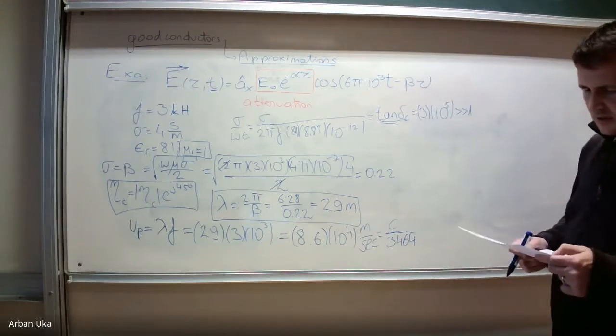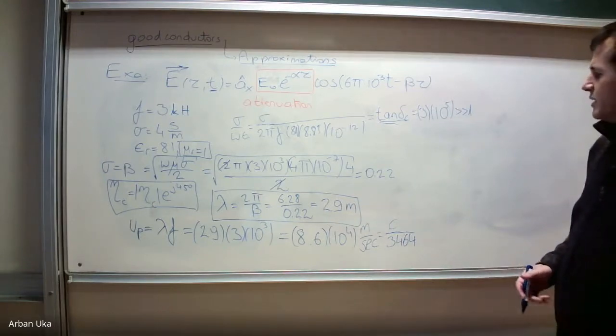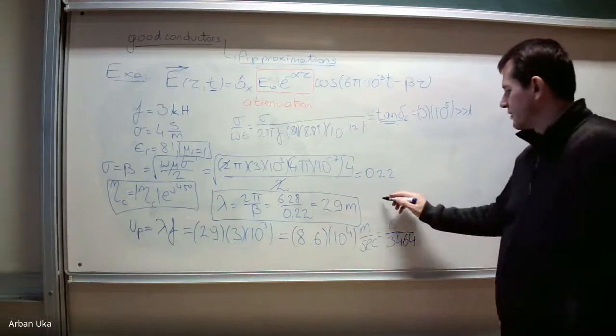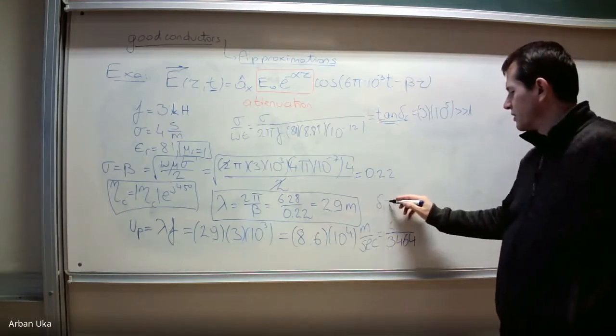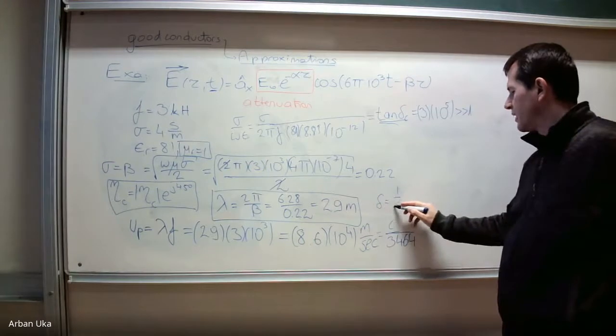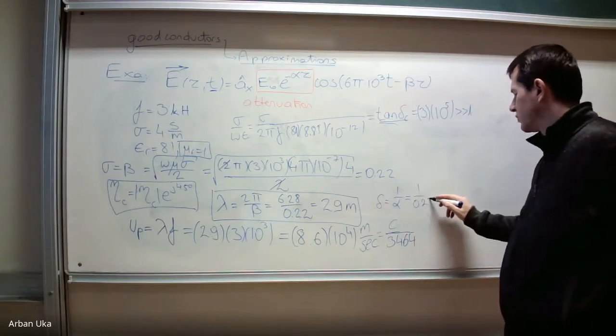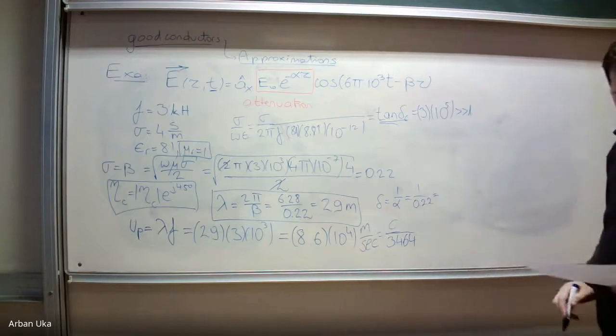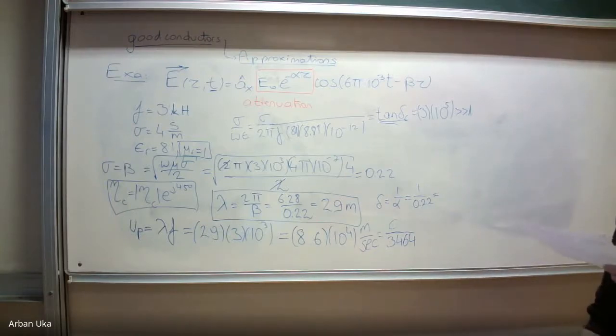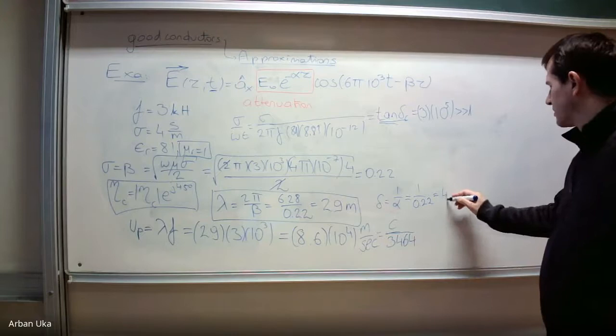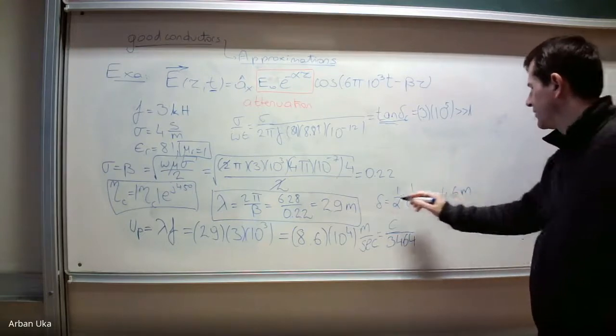Okay, so this is the speed of light. Another important parameter can be the depth of penetration, which is equal to 1 over alpha. If this is 1 over alpha, this is going to be 0.22. And the skin depth is something like 4.6 meters.